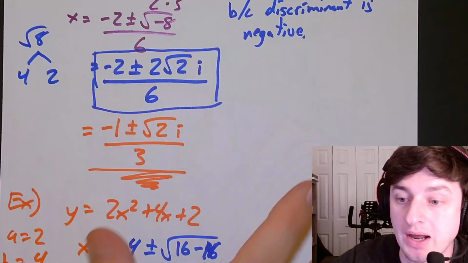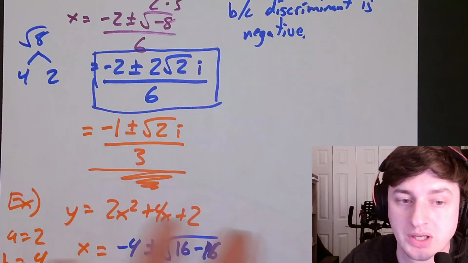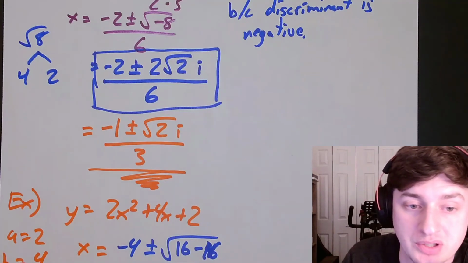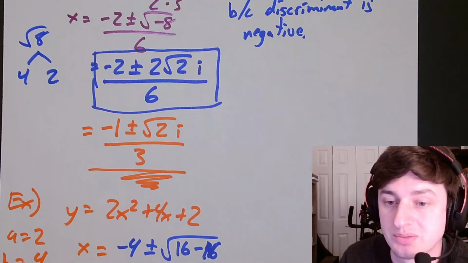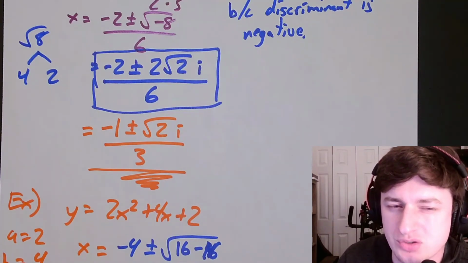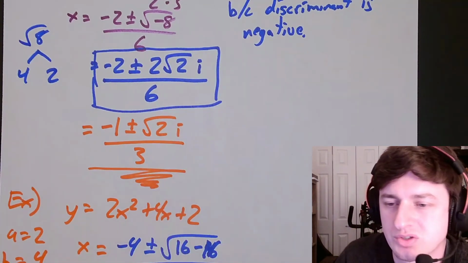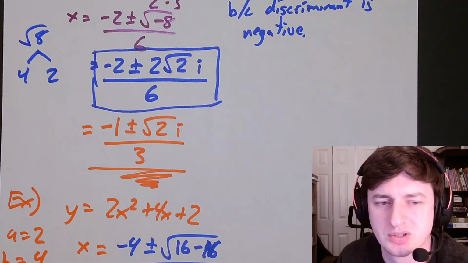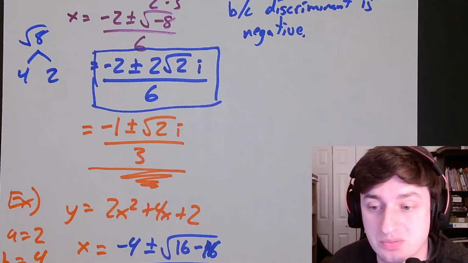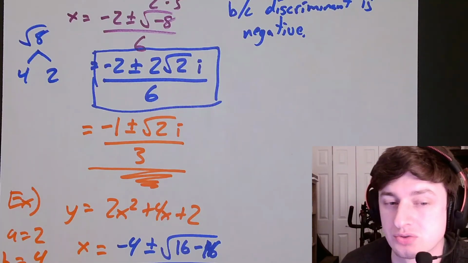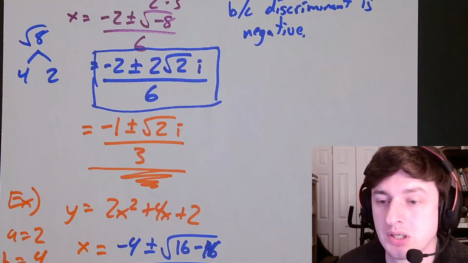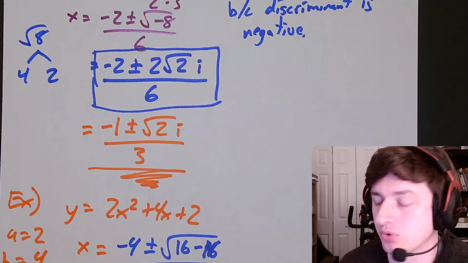They won't always have an i. Sometimes it's just a complicated number that we leave as a plus or minus. Sometimes we can simplify that plus or minus, but if it's a square root, you just leave it. Because what's 1 plus the square root of 2? Well, then you'd have to change it to a decimal, and we don't want to change our square roots into decimals. We want to leave them in the most accurate form.